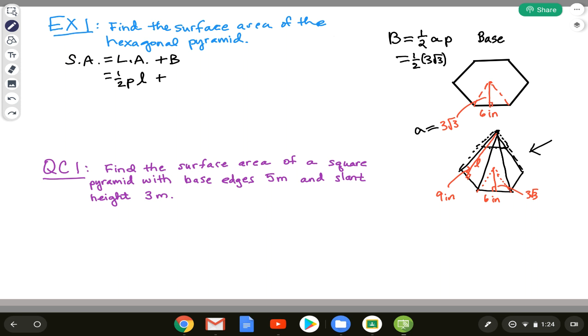So 6 times 6 is 36. If I'm using my calculator and I multiply that out, that's going to give me 93.0307.